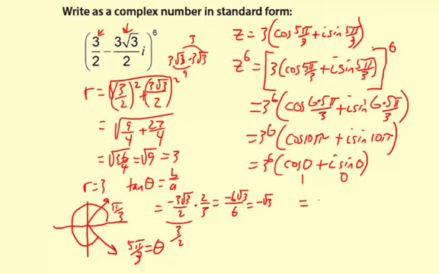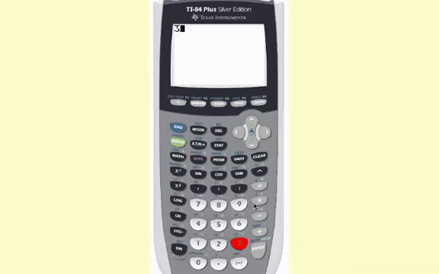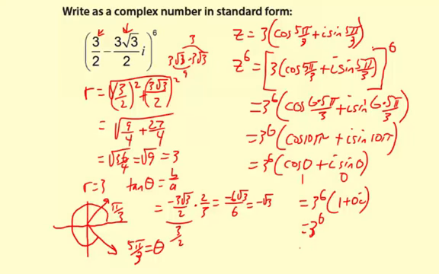So this is going to be 3 to the 6th times 1 plus 0i, basically. So there's going to be no imaginary part, and it's just going to be 3 to the 6. And 3 to the 6th power is 729.